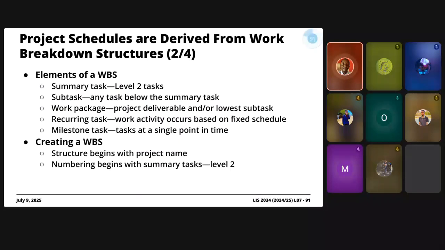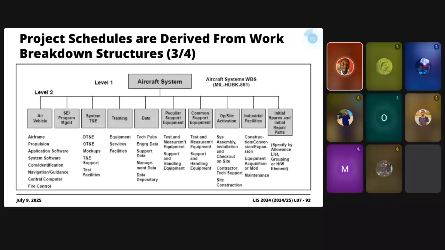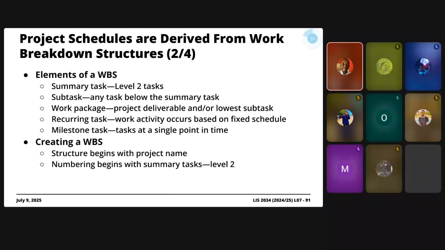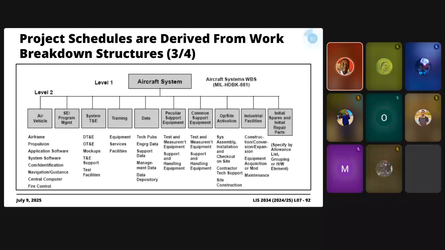But the most popular way of representing a work breakdown structure is something akin to this here. In terms of the elements that comprise your work breakdown structure, at the very top would be the project itself, like in this example, aircraft system. In your respective projects, it would be the name or the topic you're working towards.